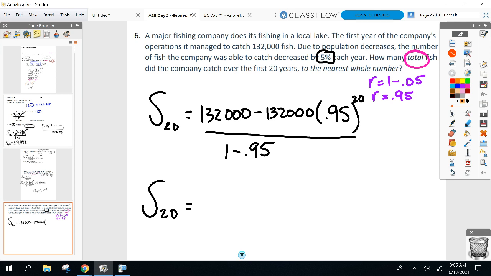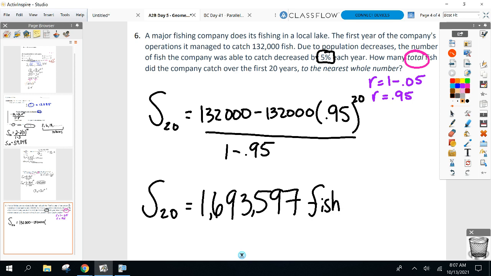Nearest whole number? And that's what I got. No, that's what your calculator got. Correction. That's a lot of fish. But it's 20 years total, not how many they caught on the 20th year. Just 20 years total.